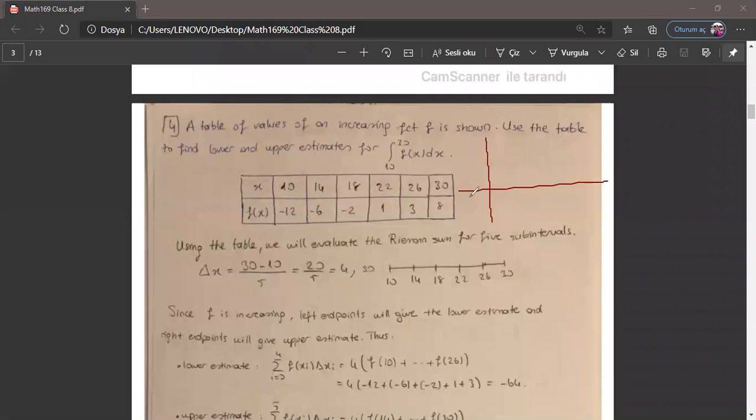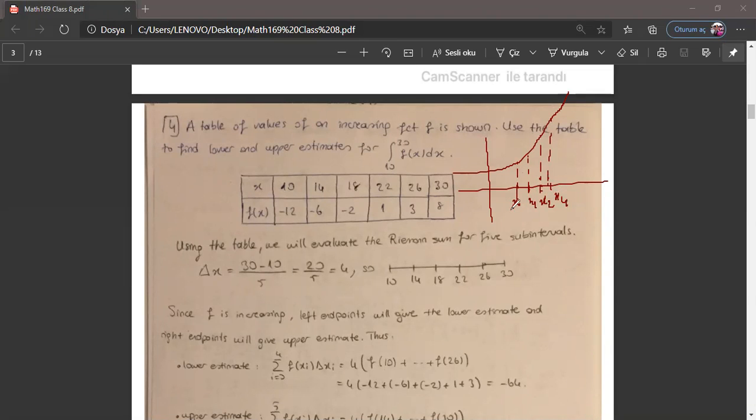So if you have an increasing function, suppose you divide it into some subintervals. So you have x0, x1, x2, and x4.